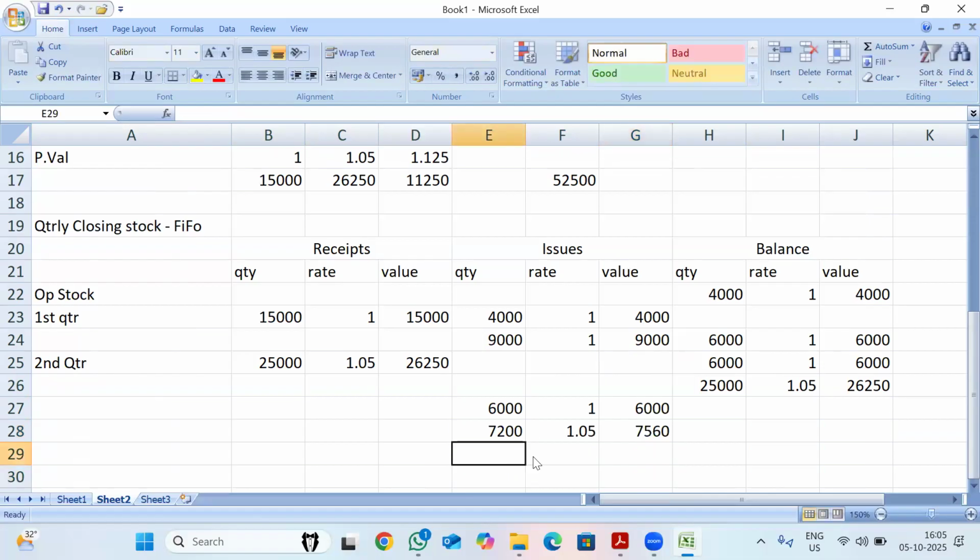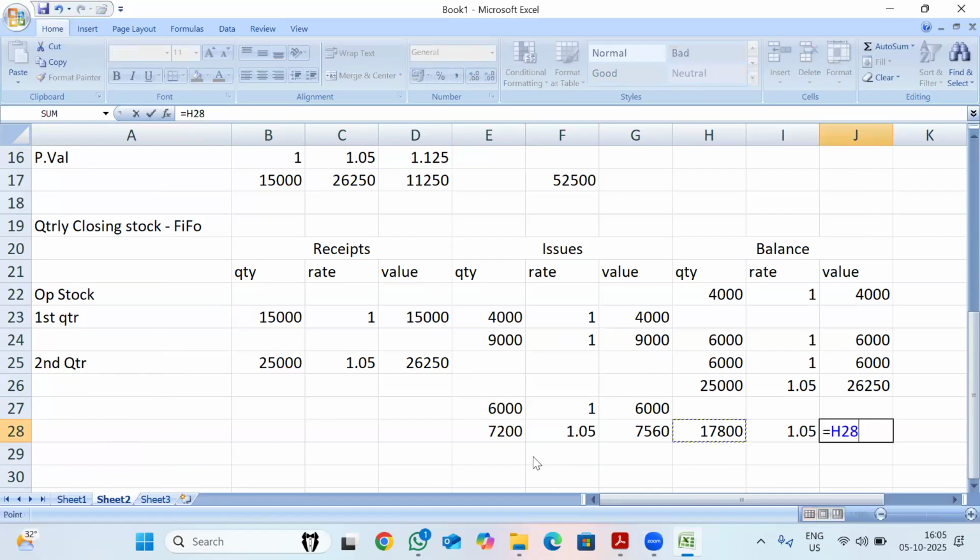So my balance will be, in 25,000, I already reduced the 7,200. So my balance units will be 17,800 at the rate of 1.05. So my closing value will be 18,690.